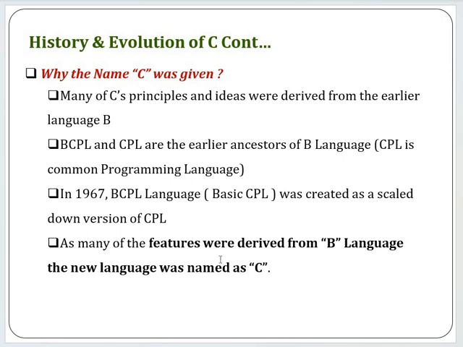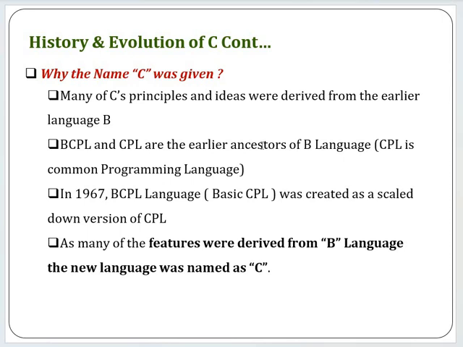And here is the etymology of the name C and its lineage from earlier programming languages. That is why the name C was given. So first, C traces its roots back to BCPL and CPL, with B serving as a direct predecessor. These languages laid the groundwork for C's development, providing foundational concepts and structures.